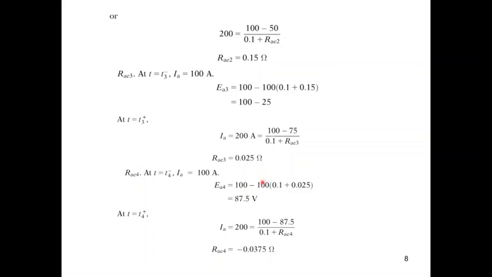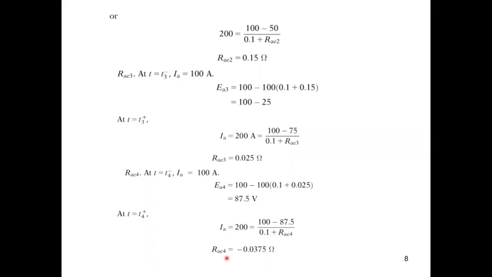Simply, we can repeat this at T4. So at T4 minus, the current will be 100 amps and with the same EMF which we have calculated, we calculate the EMF and substitute at T4 plus and get the value of the rheostat. However, we find that at T4 plus, the value of the rheostat is negative.